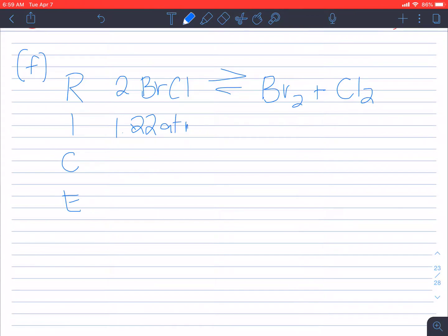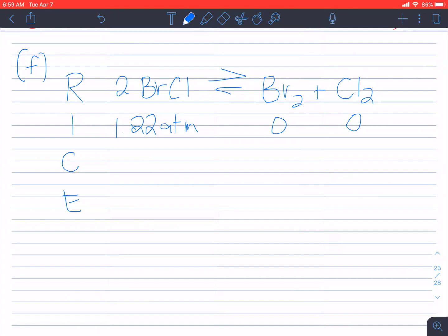This one's a little bit longer, so let's write our equation and fill in everything. We know that we're going to use partial pressures here. So at the initial start, 1.22 atm, 0, and 0.